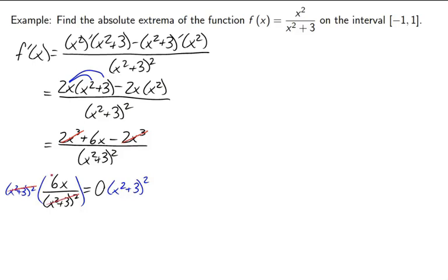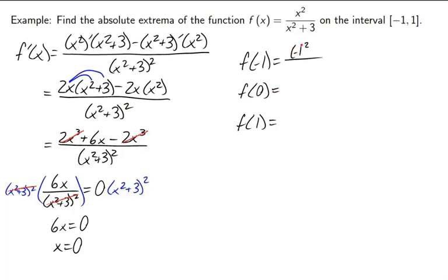So that crosses out. I get 6x equals 0. So finally my critical value is 0. Good. Alright, final step. Plug them all in. Plug in -1, which is an endpoint. Plug in 0, which is a critical value. And plug in 1, which is an endpoint.